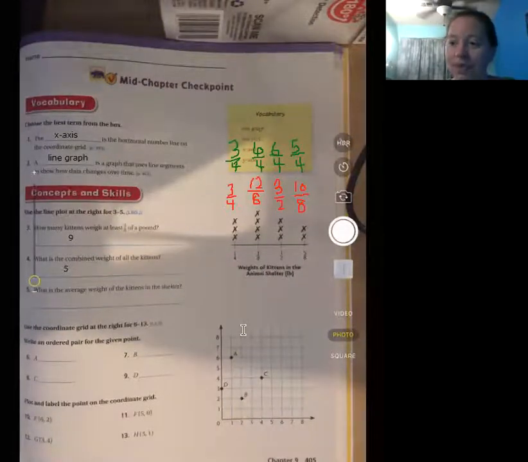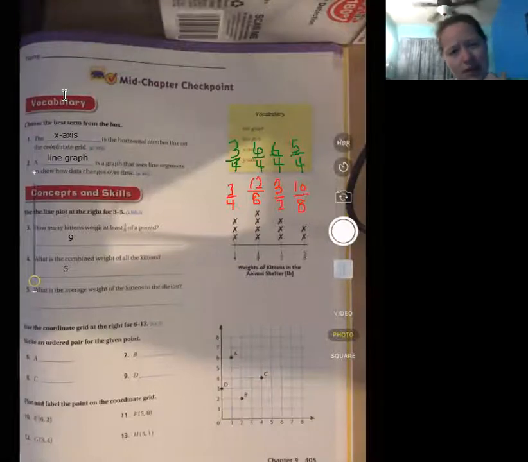Okay? Because remember, when we add stuff together, we have to use common denominators. What is the average weight of the kittens at the shelter? So 5 divided by however many kittens we have. 1, 2, 3, 4, 5, 6, 7, 8, 9, 10, 11, 12.